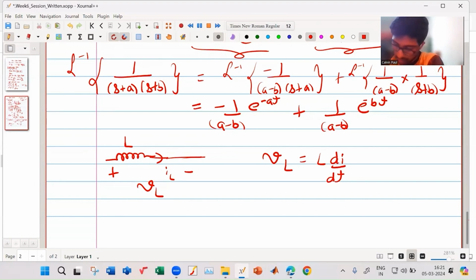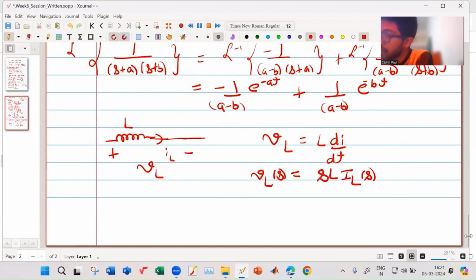If we convert it into the Laplace domain, we get VL of S is equal to S into L into IL of S. Is this clear? Similarly, a resistor remains a resistor either in the Laplace domain or in the time domain.